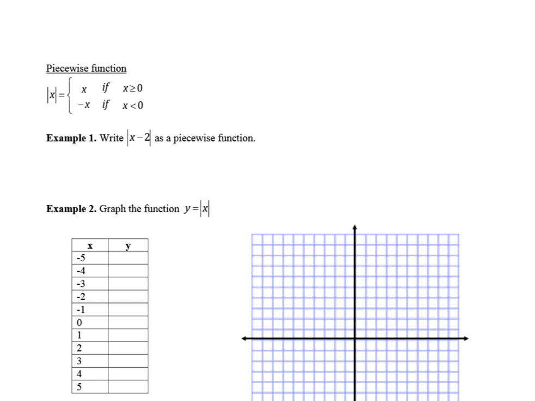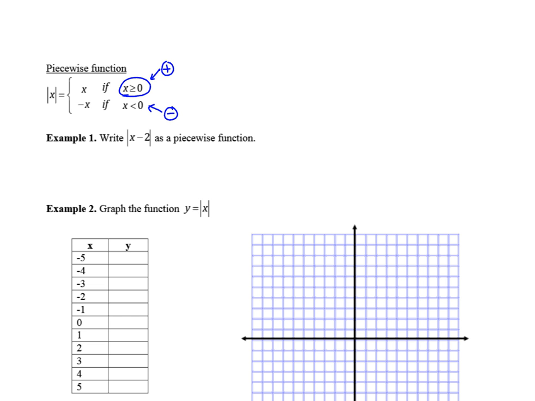So this is what a piecewise function looks like. Okay? So there's two situations for x. The absolute value of x, if it's positive, if it's greater than or equal to 0, we don't need the absolute values. We can just drop them. Right? So this means positive. If it's negative, less than 0, okay, then we'd have to multiply it by a negative to make it a positive.